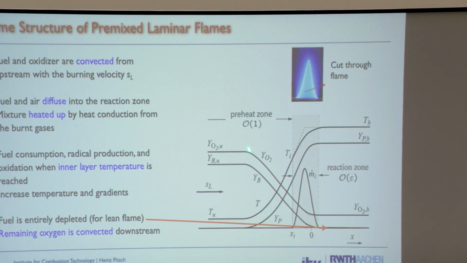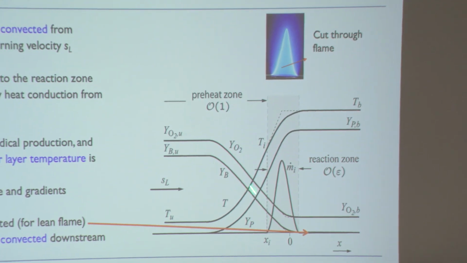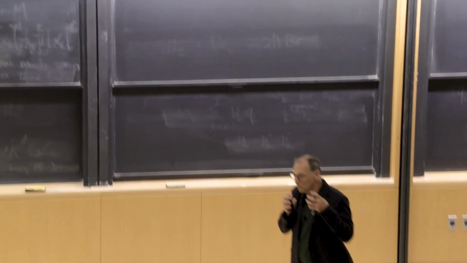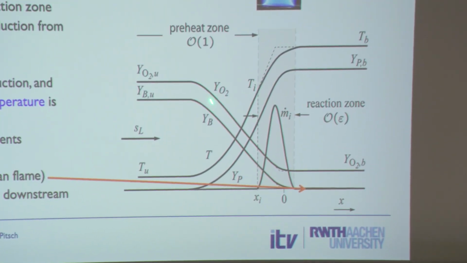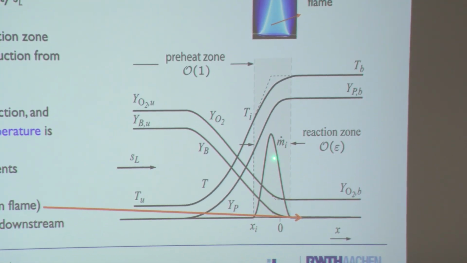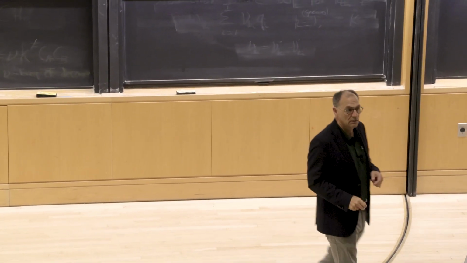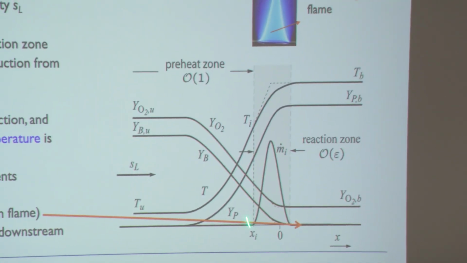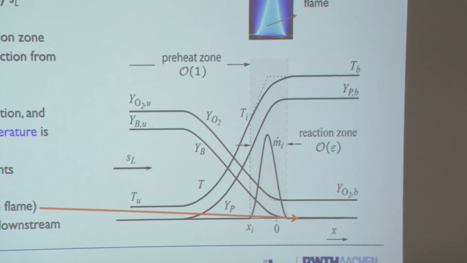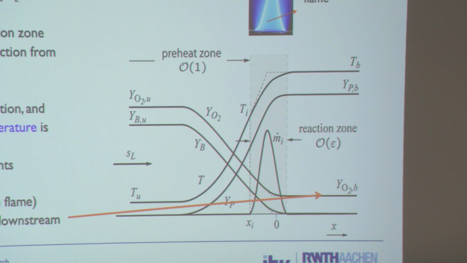You have reactants, they diffuse into the flame, or you could look at this in two steps. You have fuel and air, which diffuse into the flame, and because of this, diffusion always makes gradients smaller, okay, and then they are consumed, and that makes the gradient large again. So the reactions make sure the gradients are always large, and you have these diffusive fluxes.